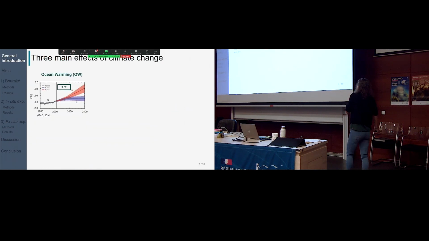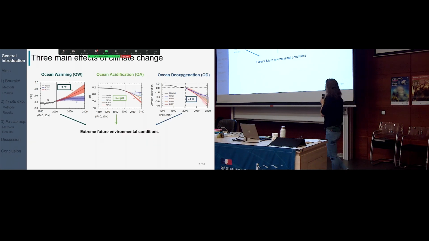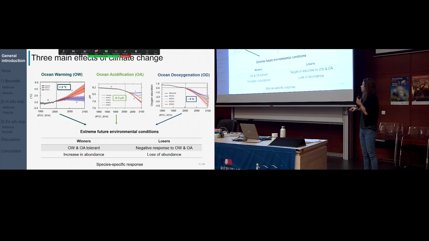As you know, by the end of this century, the worst future scenario predicts that seawater temperature will increase by 3 degrees, pH will decrease by 0.3 units, and dissolved oxygen will decrease by 4%. These extreme environmental conditions have been experimentally tested on sponge abundance, distribution, respiration, and symbionts, with contrasting results and species-specific responses.